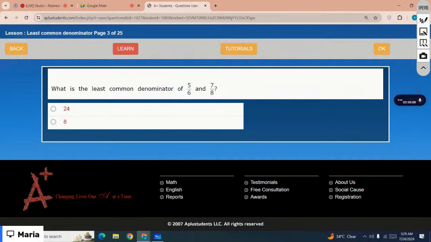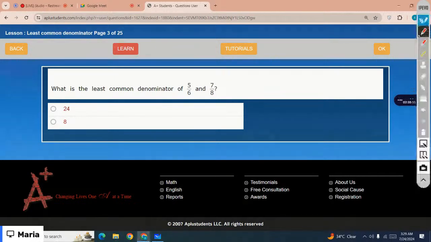Okay, let's write down the prime factors of 6, which are 2 times 3. So 2 is the common factor.